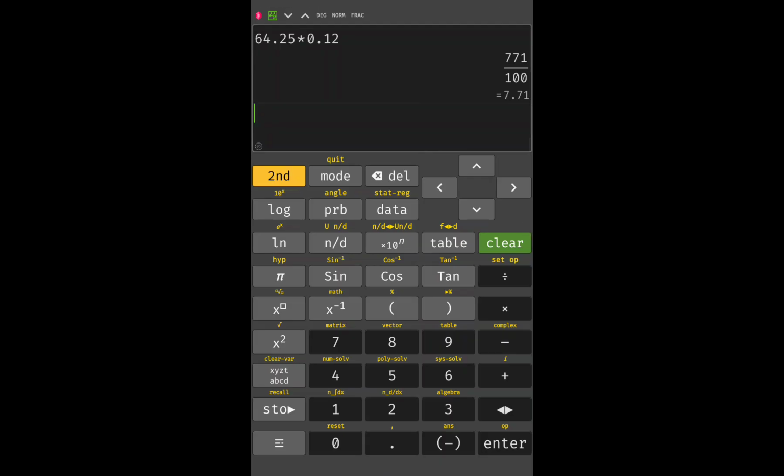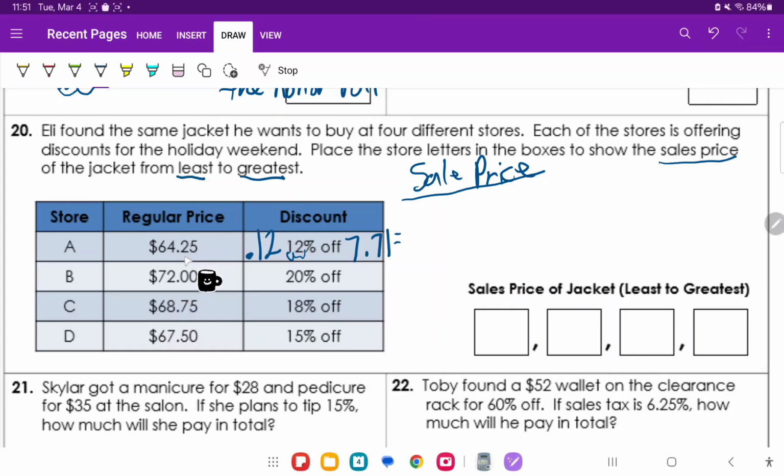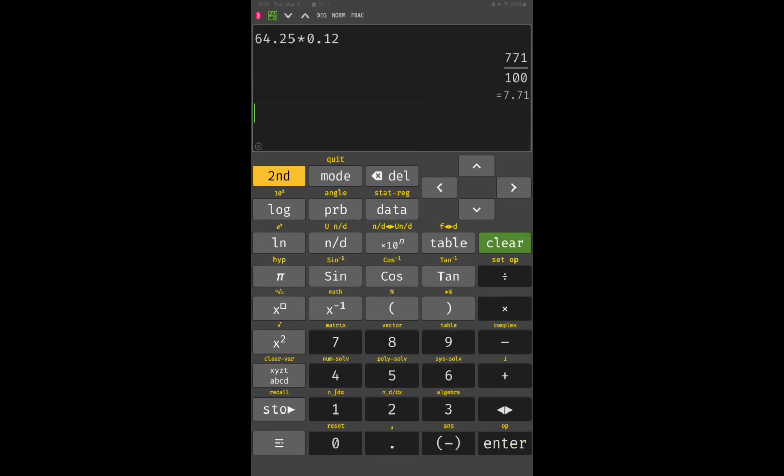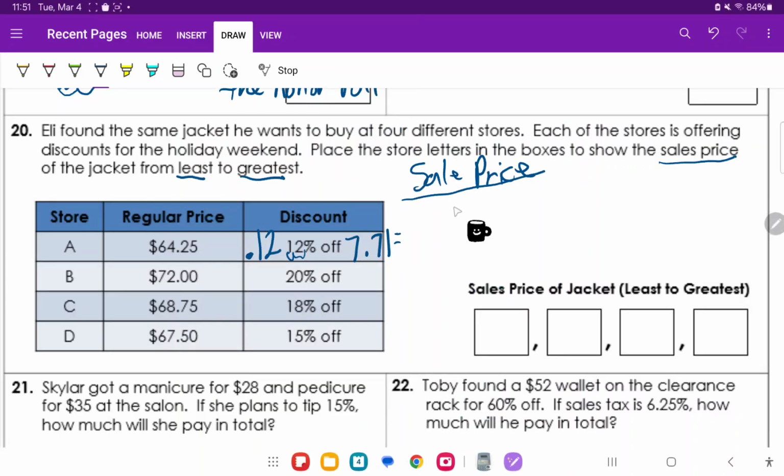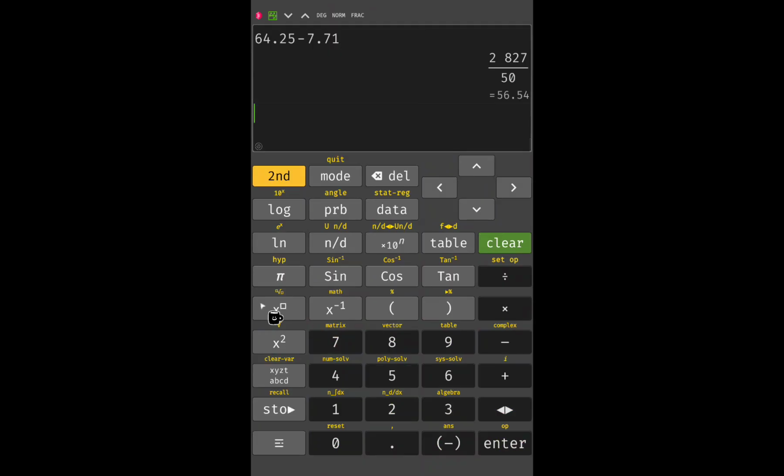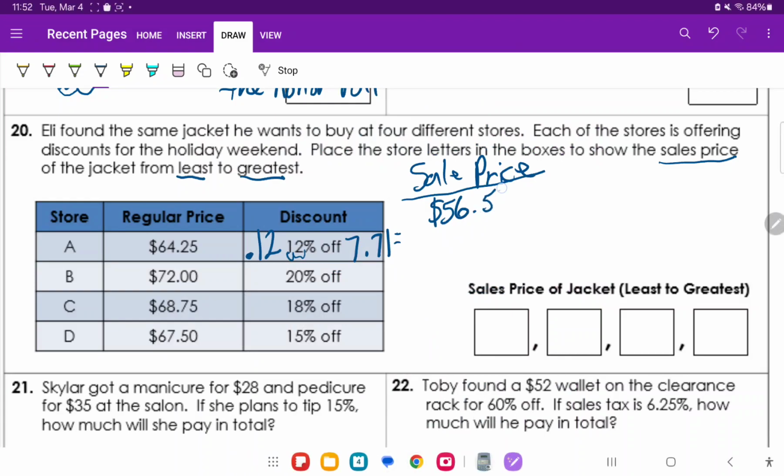So that was $64.25 minus 7.71. Like that. So that gives us $56.54. So the sale price for A is $56.54. All right, so that's A.